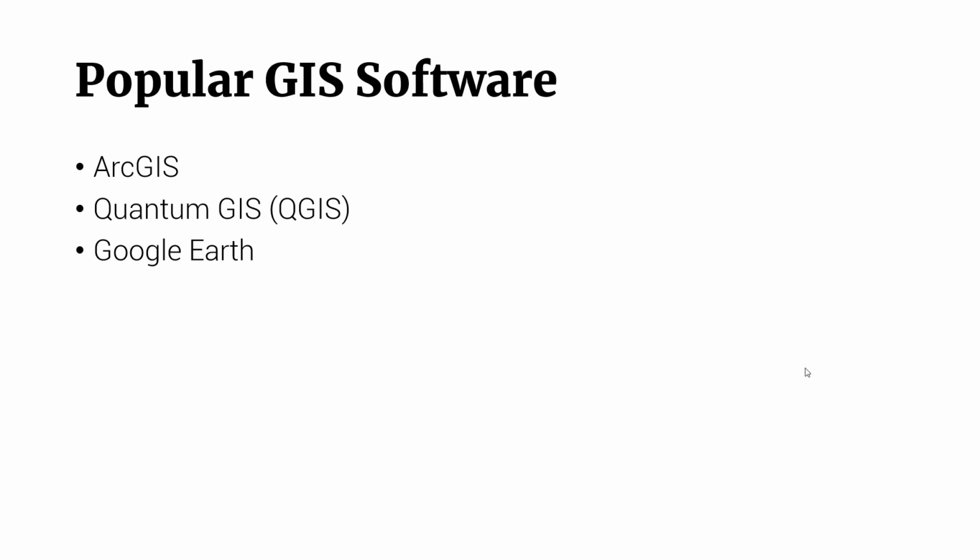Last one is Google Earth. No? Google Earth is a virtual globe map and geographical information program. It allows users to what? Explore the world in 3D, providing satellite imagery, maps, and terrain information. Google Earth is designed for a broad audience from casual users to professionals in various industries.